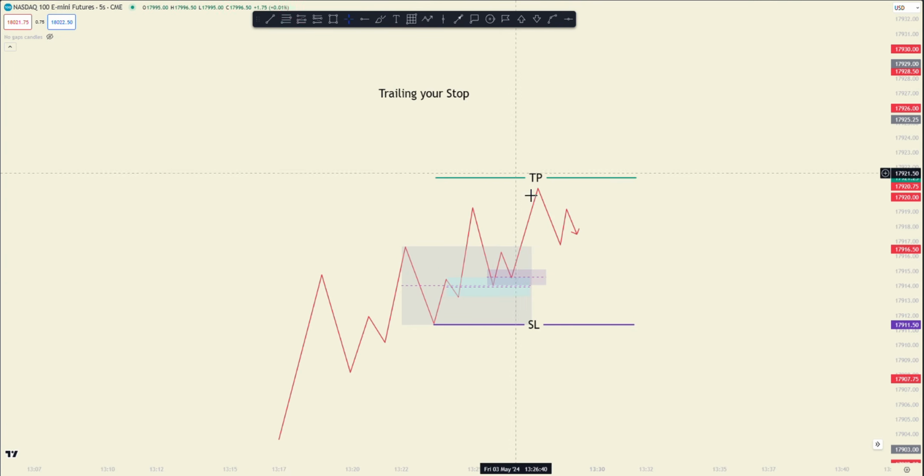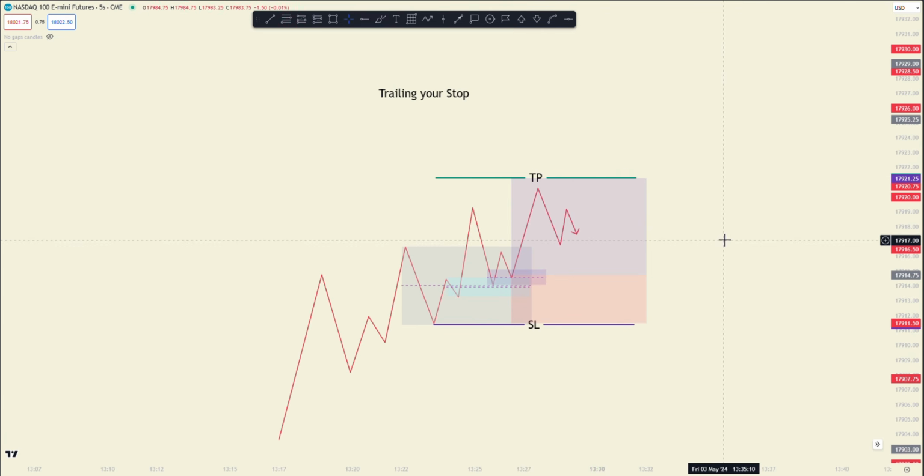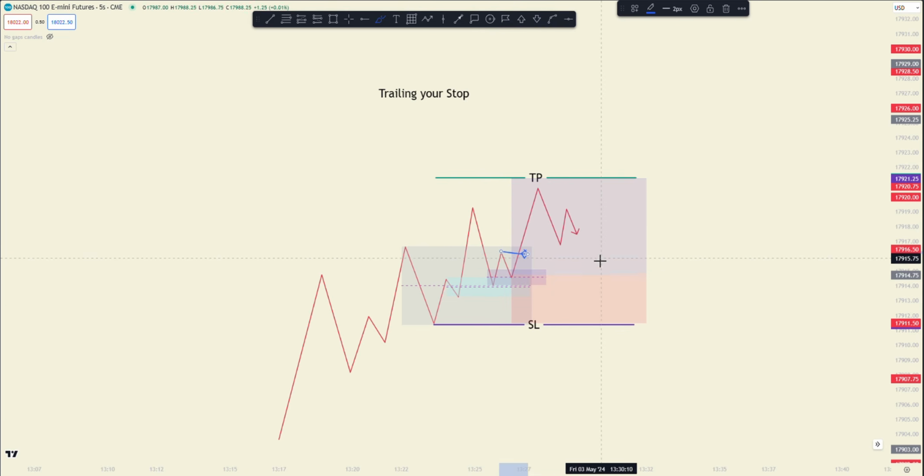So what does that mean? So as price taps us in, I'll even put a little tool here so we see our initial. Say we're entering here. This is going to be our initial trade. When price comes above and closes here, we're going to trail one zone behind.